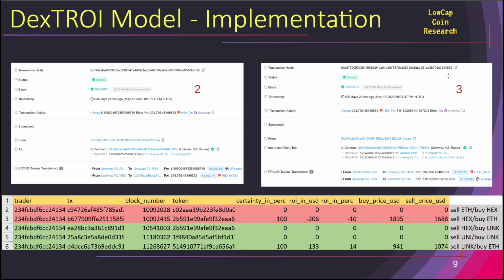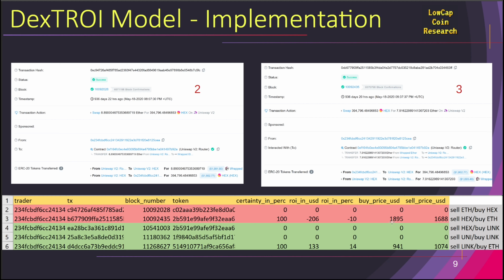We can see that the trader sold 394 HEX tokens. These are exactly the HEX tokens he bought in the previous transaction, so here. So this time we have 100 certainty, and we can see that he bought HEX tokens for 1,895 USD.